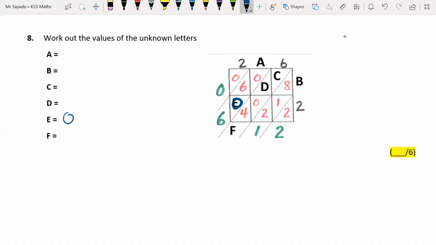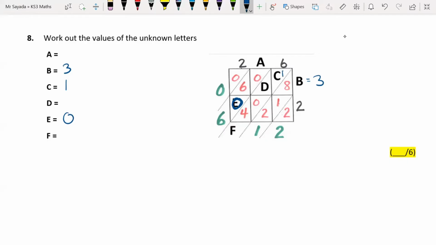So if 2 times B equals 6, that means that B must be 3. So now I know that B is 3. Now that I know that B is 3, I can work out what C is, because 3 times 6 is 18. So C must be 1.